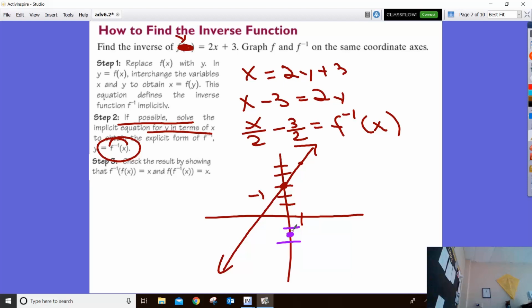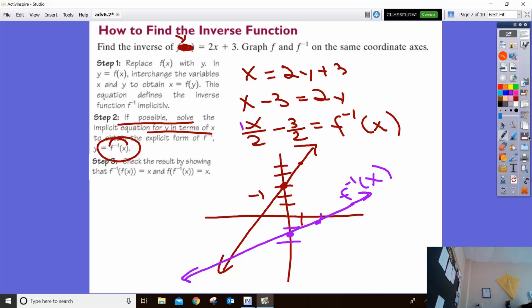Some of y'all don't like fractions. Anyone understand the 1 in front of that x? It rises 1 and runs 2. So it rises 1 unit and runs 2. There is the inverse.